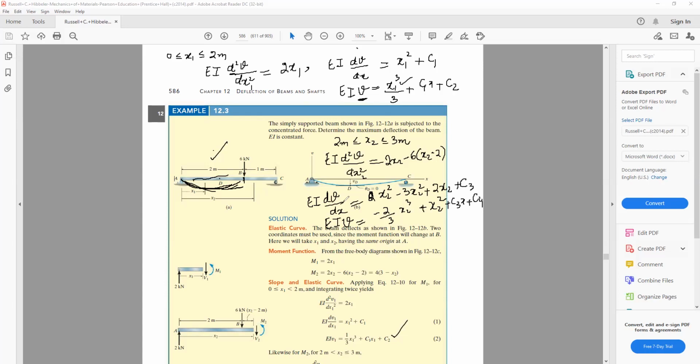So this equation gives us the equation of the deflection curve for the beam from 2 meter to 3 meter over here.